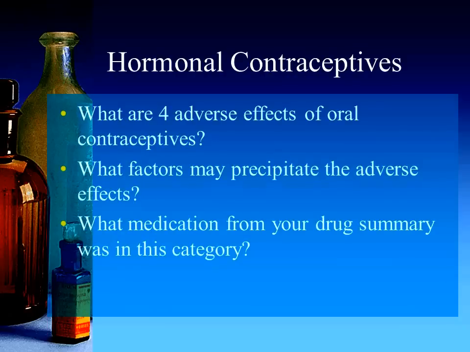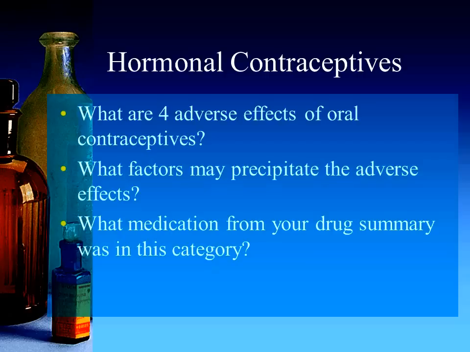So, adverse effects, particularly of oral or hormonal contraceptives. Primarily the big things, if you think back to what we said about estrogen, they all, or most of them, contain estrogen. So we're looking at thrombophlebitis, pulmonary embolism, stroke, and heart attacks. Anything where clots are formed, they are at risk for.